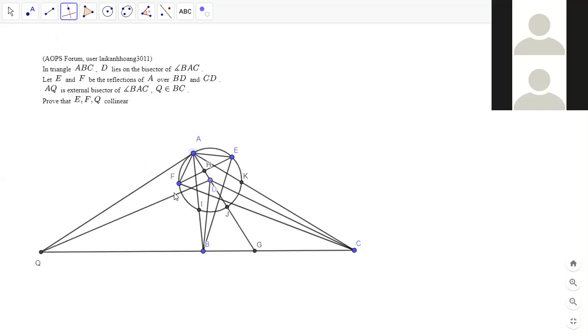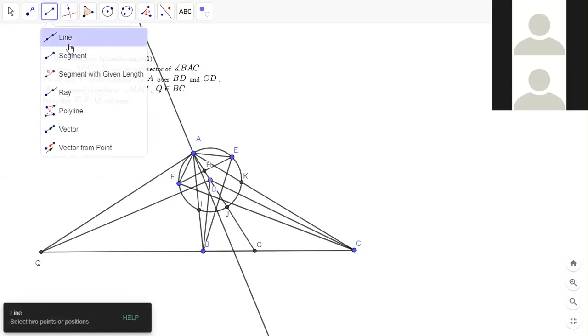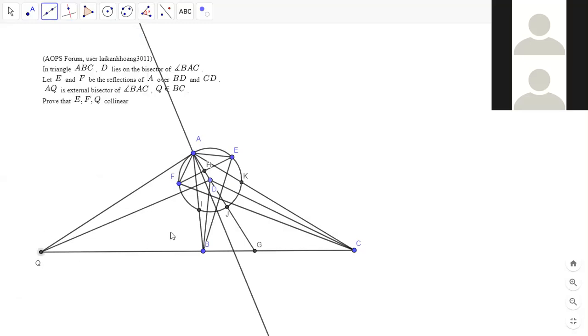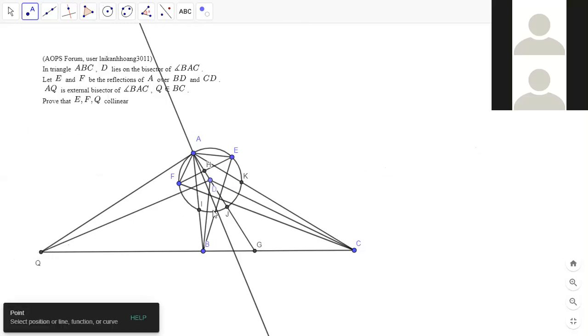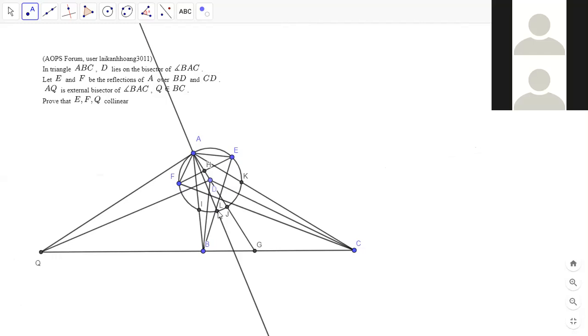So I'm just curious, is QJ tangent to the circle? Yeah, obviously, by symmetry. Oh no, the point that the perpendicular line intersects the circle is tangent. Okay, so QL is tangent to it.